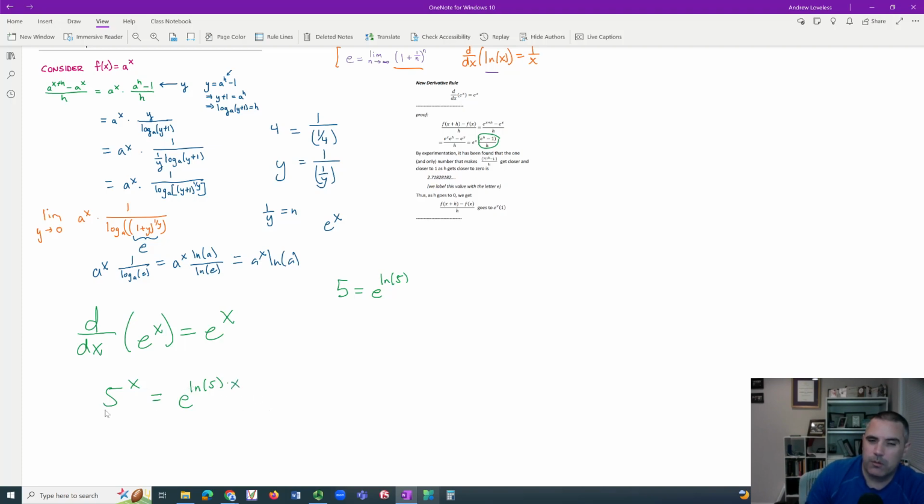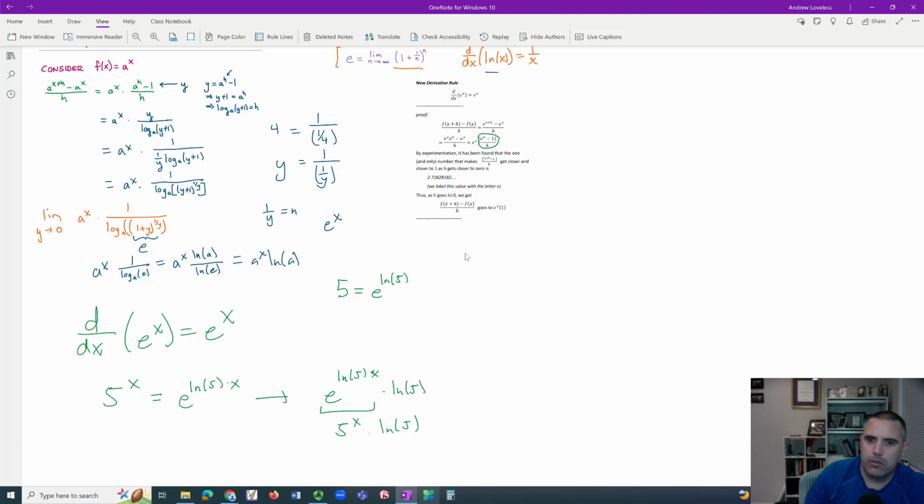And then if you're comfortable with the chain rule, you can take the derivative. So using the chain rule, the derivative is itself times the derivative of the inside, which is the log of 5. And then if you want, you can rewrite this as 5 to the x times the log of 5.